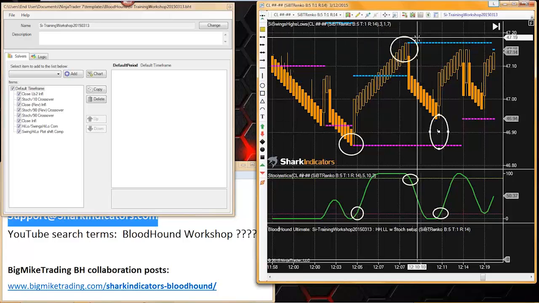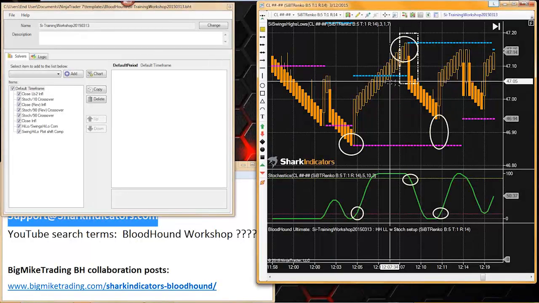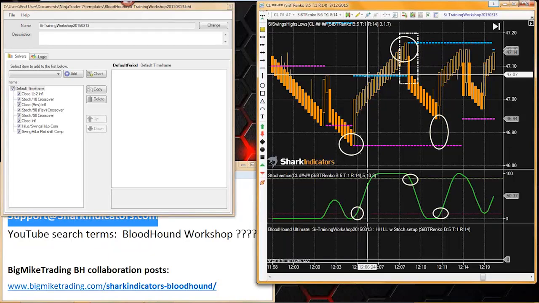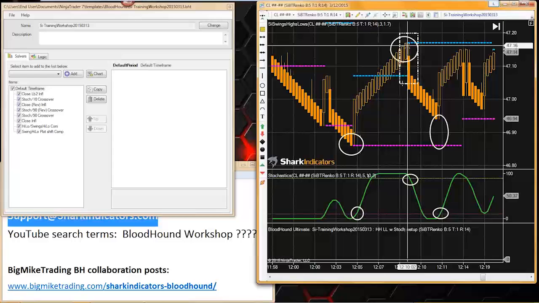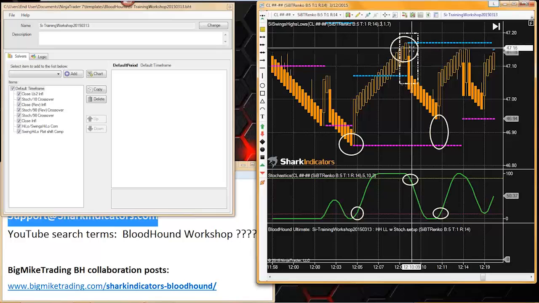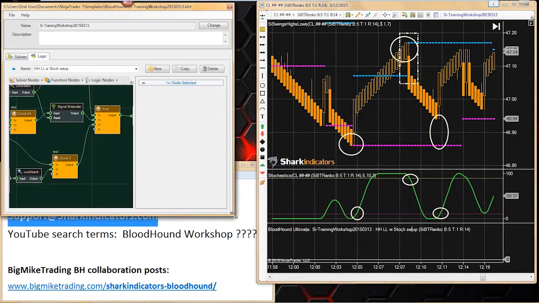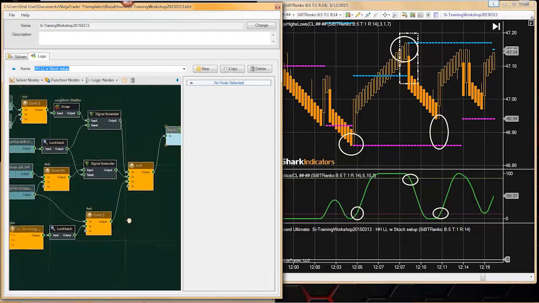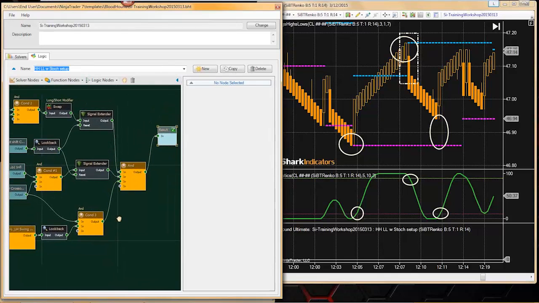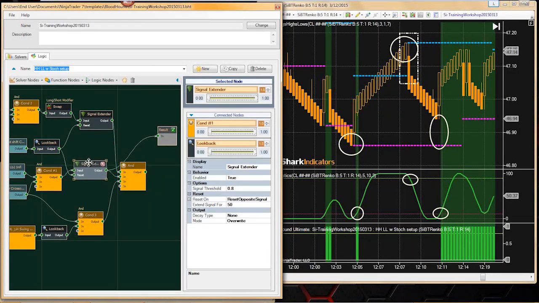And now I can see the reason why is, look, all right, this indicator plot that we were using for the reset actually happened a little sooner than expected because a higher high was made. So right, our blue plot shifted up, and I'm certain that would have turned off the signal extenders. So let's take a look at the signal extender for condition 1.